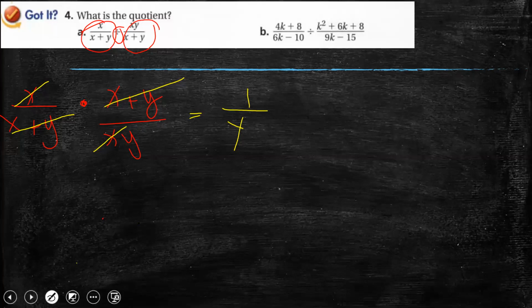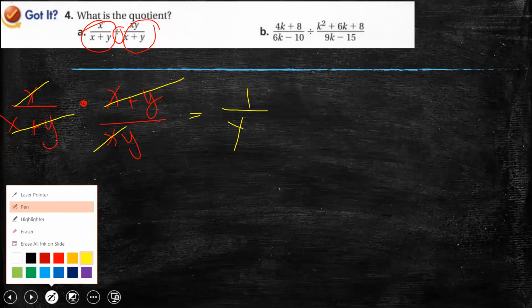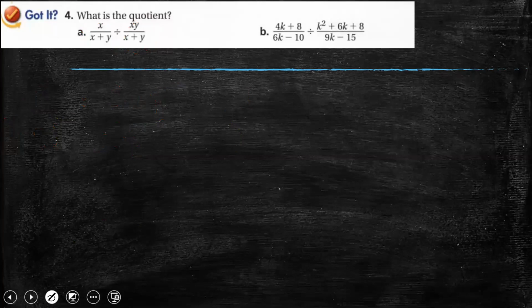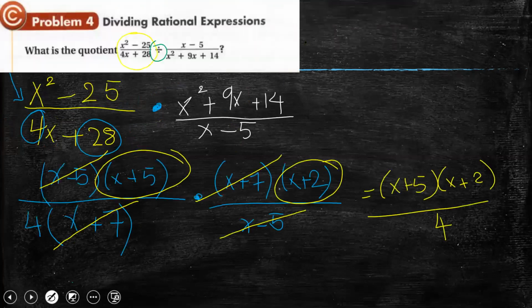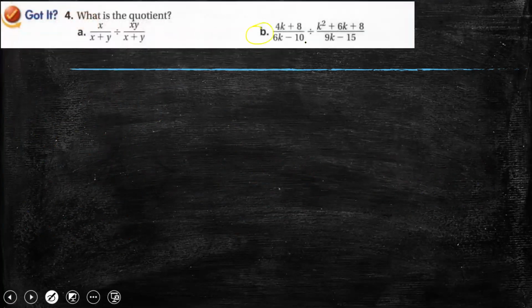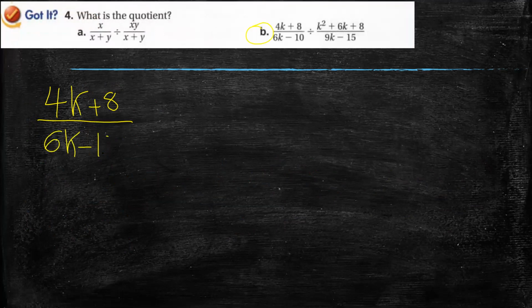Now, let's solve B. 4k plus 8 over 6k minus 10, divided by the next fraction. The first fraction, keep it as it is. Then change the division to multiplication.